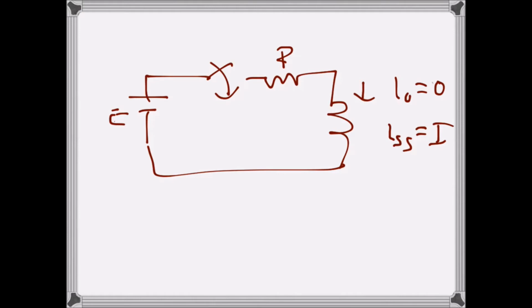It doesn't allow any current to flow, because it tries to maintain the previous current, which was 0 before the switch was closed. So initially it would provide an infinite reactance, but over time, when the steady state arrives, the inductive reactance becomes 0 for DC, and the current attains the value of E over R in this particular case. So our final value of current is I, and we want to see how much energy is stored when the current changes from 0 to I.